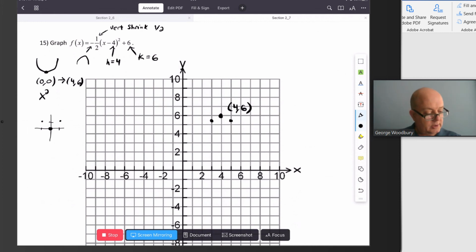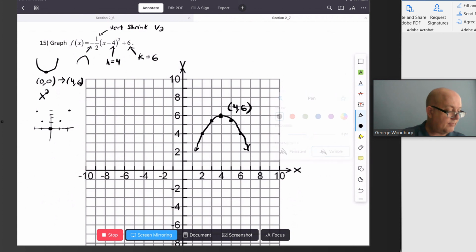And then the next point was at 2, 4, and negative 2, 4. So half of those 4s are going to be 2. So down 2 from the turning point and out 2, something like that. And there is our graph.